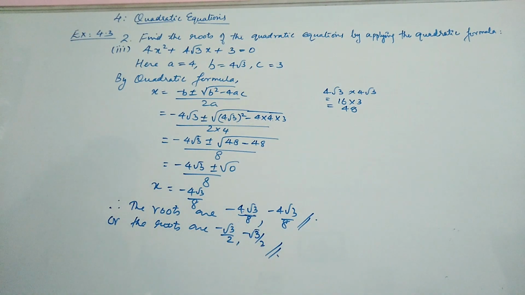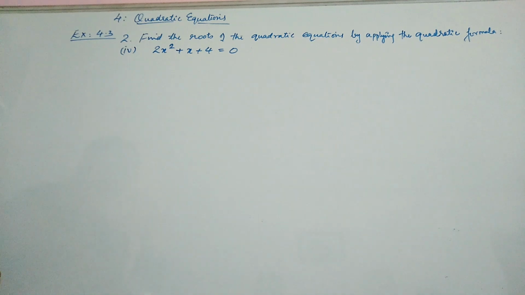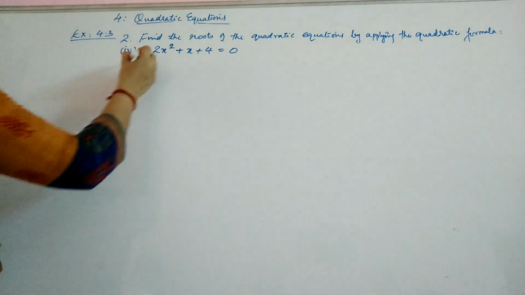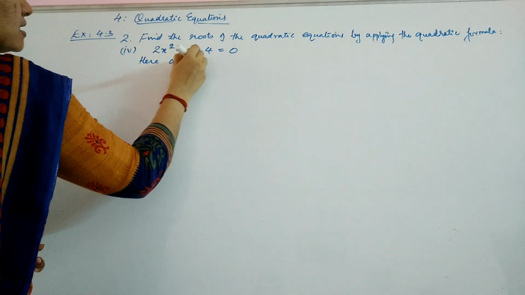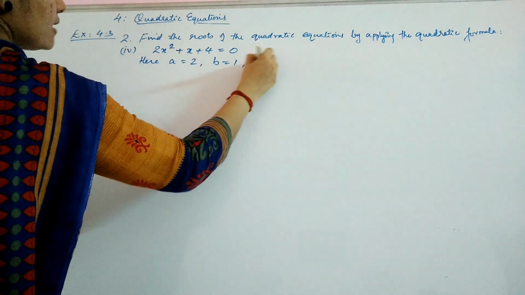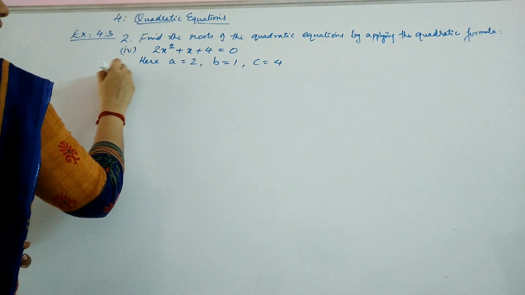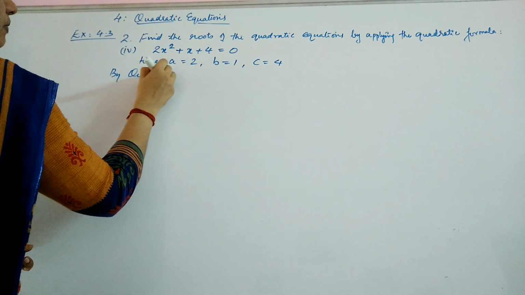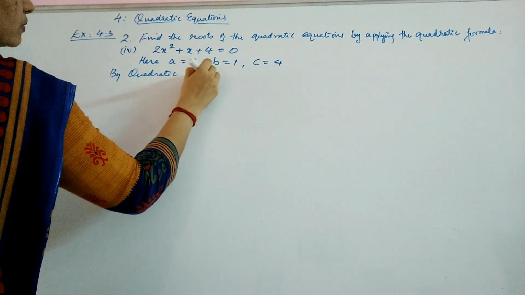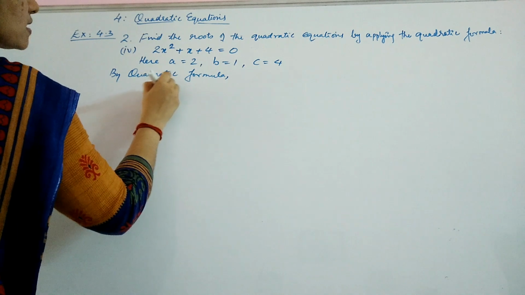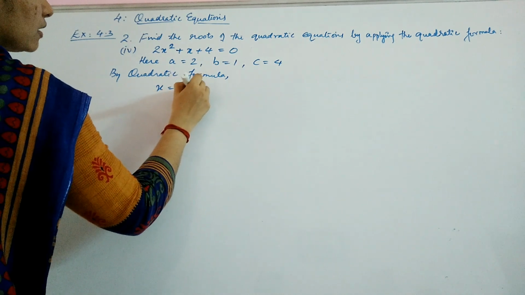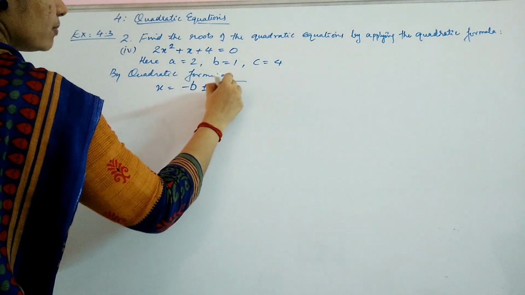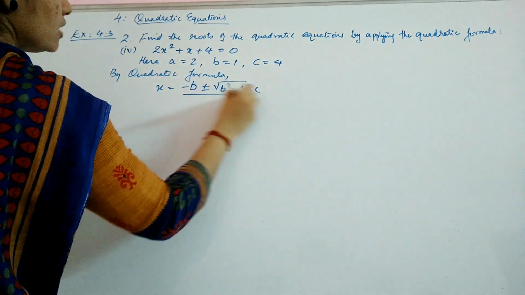Next one is the fourth subdivision, 2x square plus x plus 4 equal to 0. Here again you will have a is equal to 2, b is equal to 1 and c is equal to 4. And by quadratic formula you will have x is equal to minus b plus or minus root of b square minus 4ac by 2a.